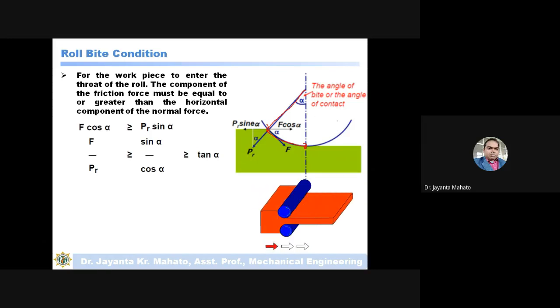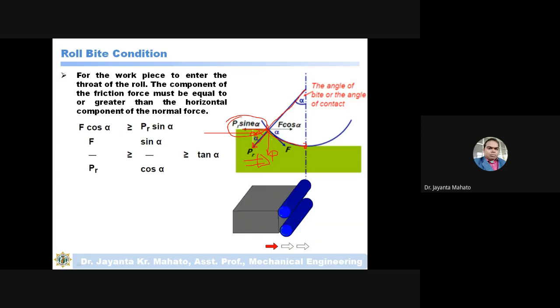According to the rolling condition, the material or surface has to be passed through the rollers. So this is the rolling force PR, and this PR has two components: one vertical, and another horizontal component, PR sin alpha, where this angle is alpha.